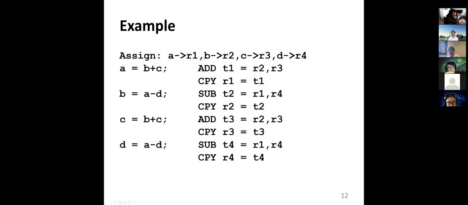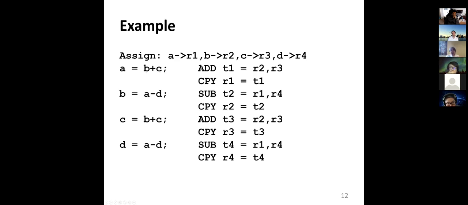So what we do next, we just follow the algorithm. We see the statement A equals B plus C. We look at B plus C as an expression. B means R2, C means R3, and the operand is plus. We look at our table, and we've never seen R2 plus R3 before.